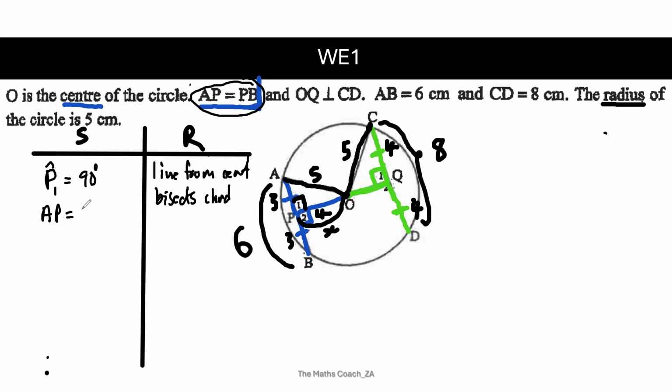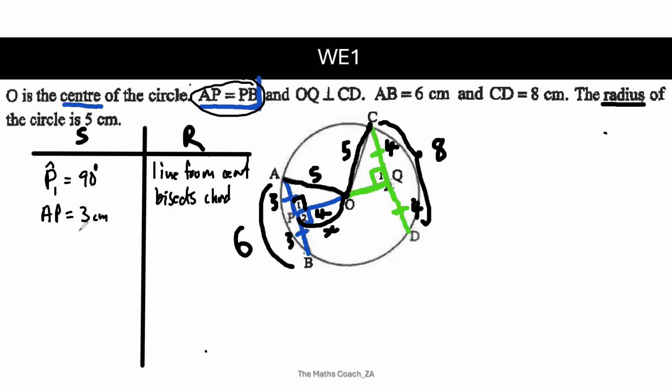So AP is equal to 3 centimeters, since AP is equal to PB and we have AB is equal to 6 centimeters. I don't think at this stage we really need to justify this. If you feel insecure, like my teacher is too strict, it's fine. You can write that it is given that AB is 6 centimeters. All right. We're going to take note of that. And obviously AO is also 5.